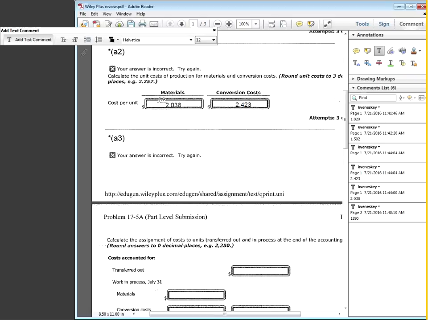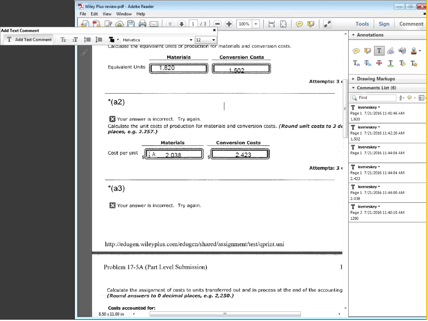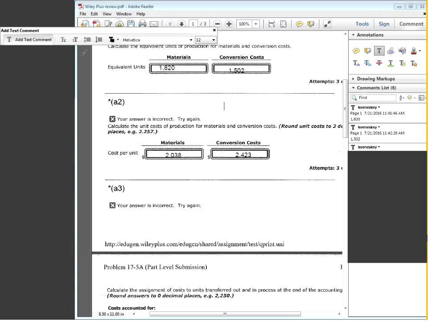And the cost for me to make an item is simply these two added together. So let's add these two together. We got the 2.038 for materials plus the labor and everything else that goes into it. So it cost me $4.461 to make one item.